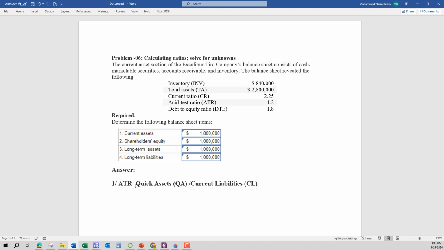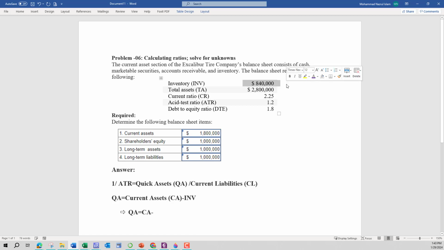Now we know that quick assets is equal to current assets minus inventory. So current assets minus inventory is given as 840, so that is 840,000.